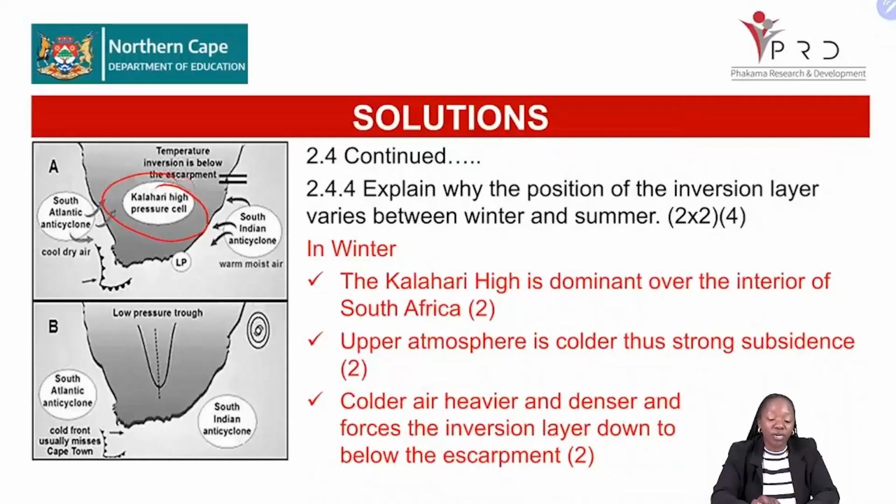So hence, during the winter, your inversion layer will be below the escarpment because of the strong sinking air, your strong subsiding air. So as you can see, we identified the Kalahari position. We have identified the position also of the inversion layer. Then we proceed with our next question.